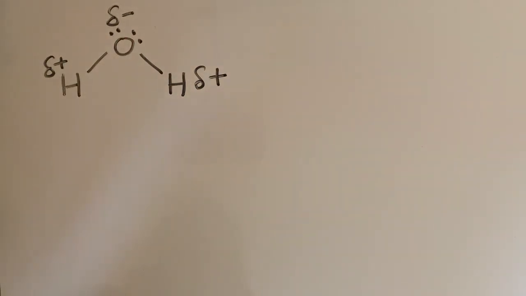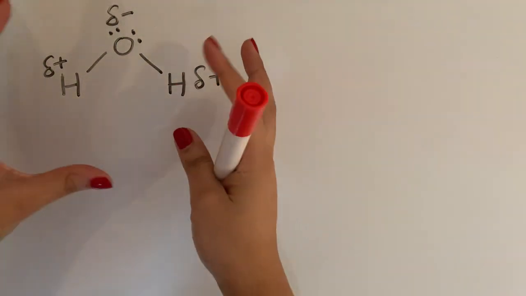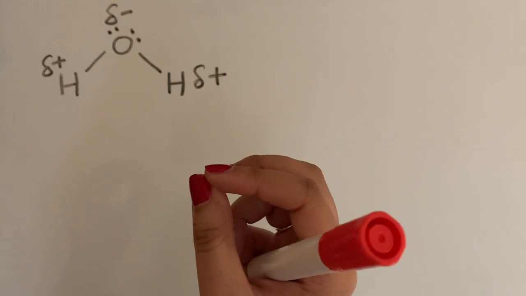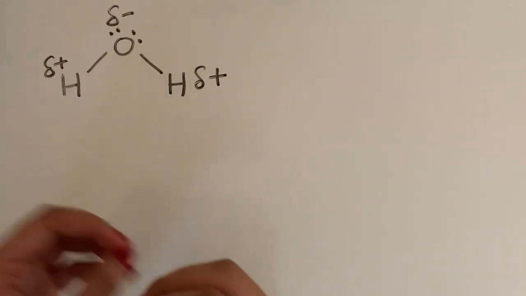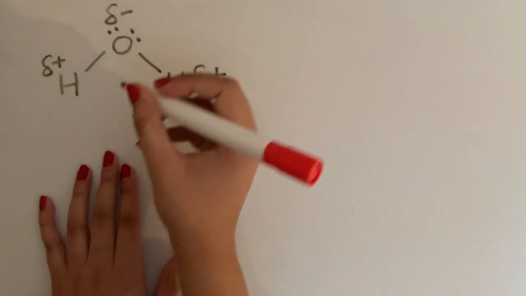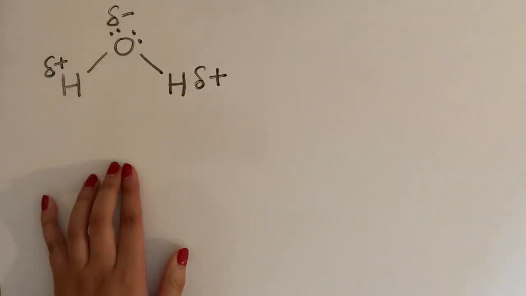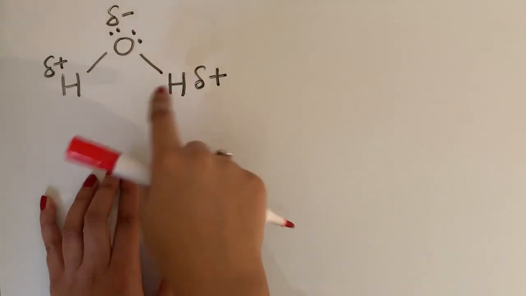What we can now do, so we've identified that water has polar bonds, we now need to identify whether water is a polar molecule, so whether overall this entire molecule is a polar molecule. We're going to look at another example later where there is a difference between the two. So in terms of the dipole, we've got a dipole here and we've got a dipole here.